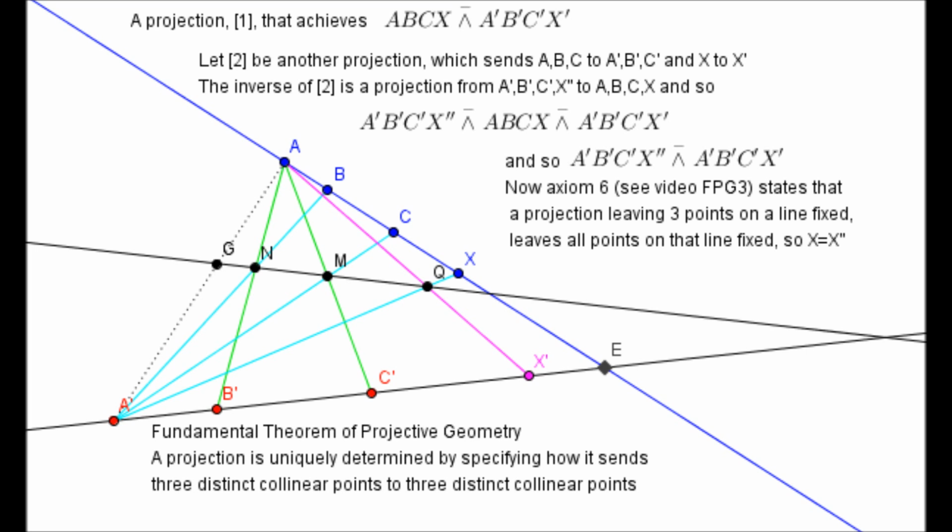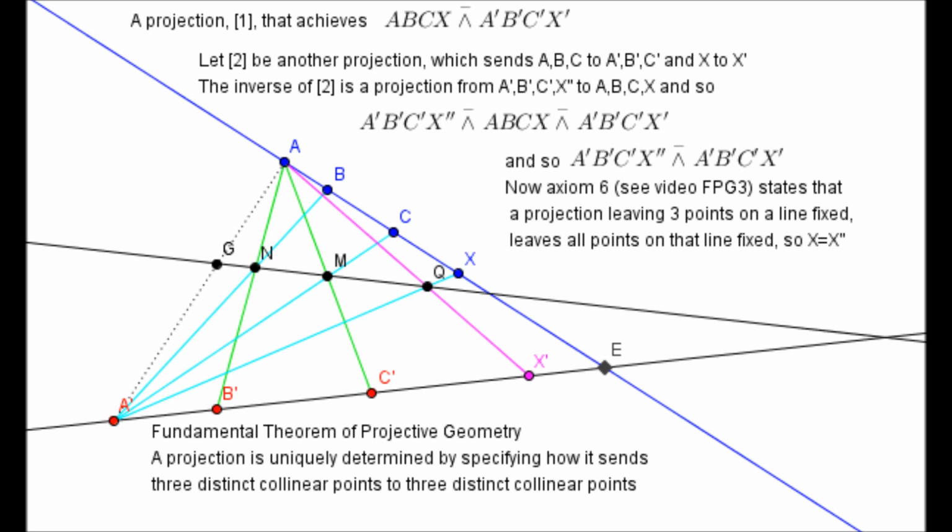In other words, to put it more easily, it's the fundamental theorem of projective geometry. A projectivity is determined by specifying how three collinear points are sent to three collinear points. It's specified uniquely by doing that.